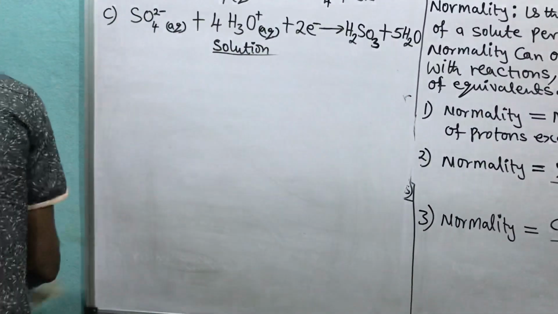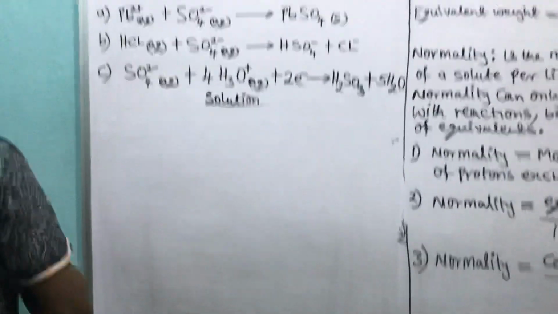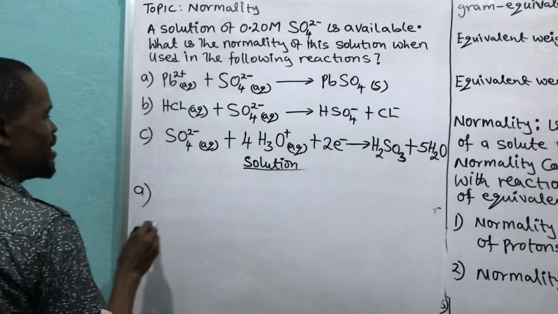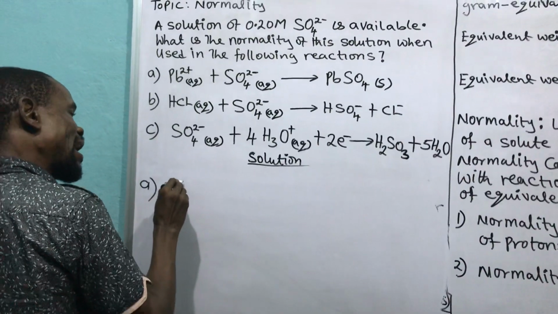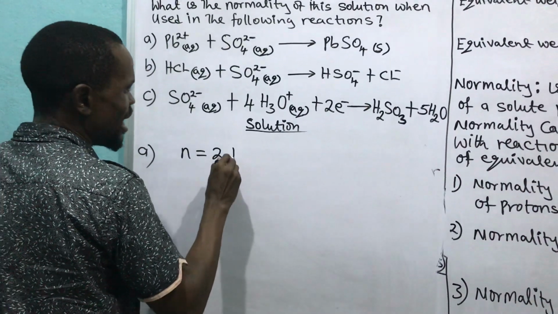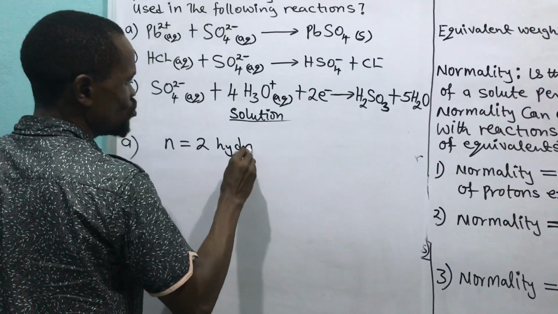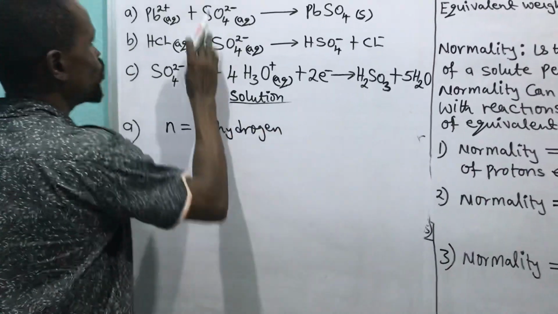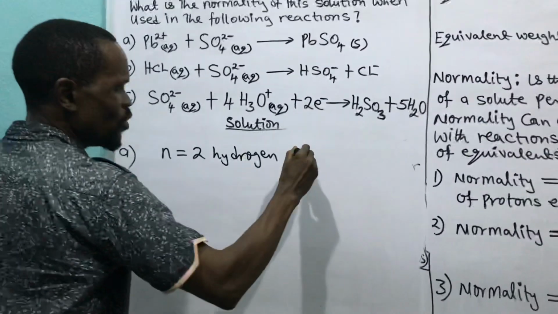When I say number 1, A, it means that N is equal to 2 hydrogen. Hydrogen is what's released from here. How did I know?